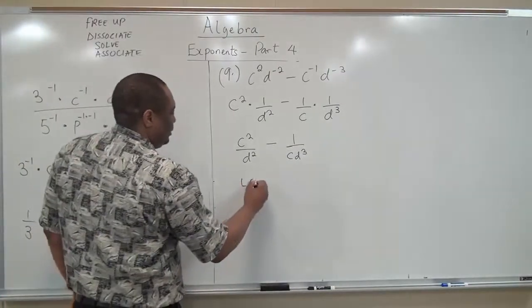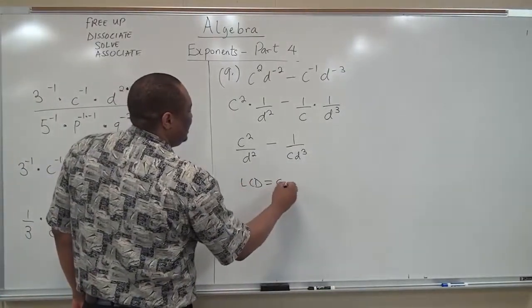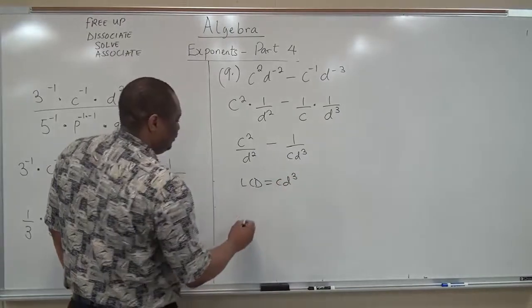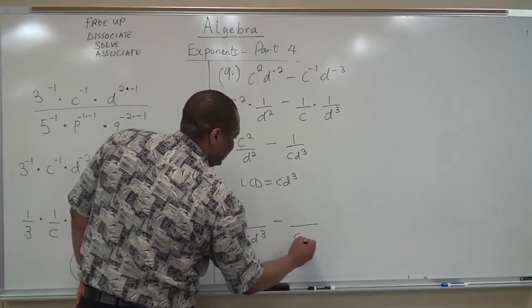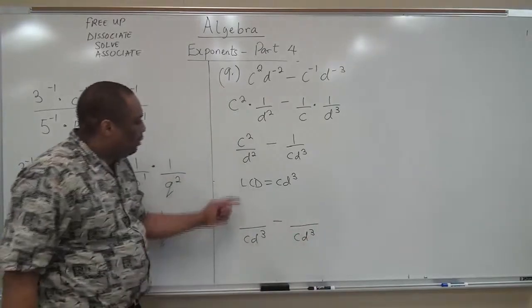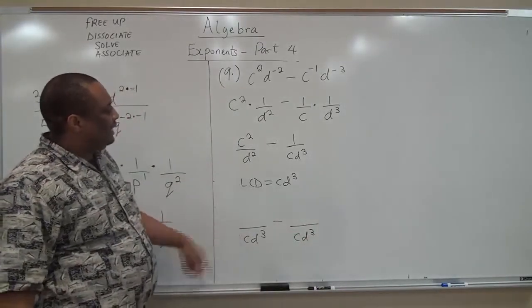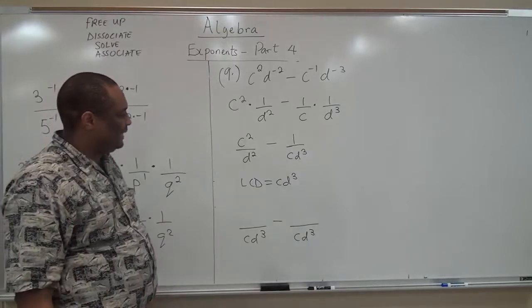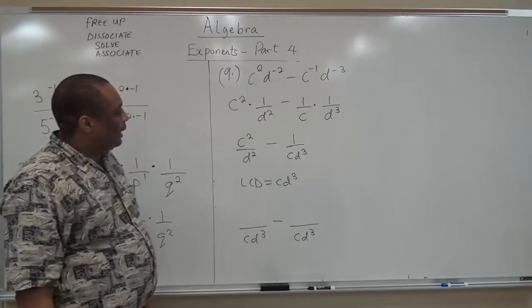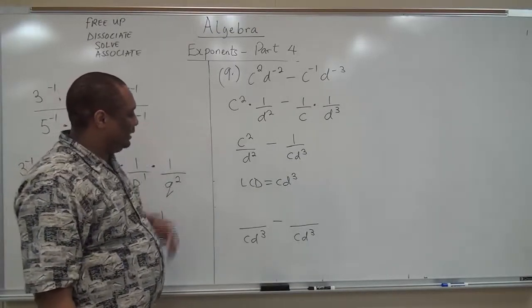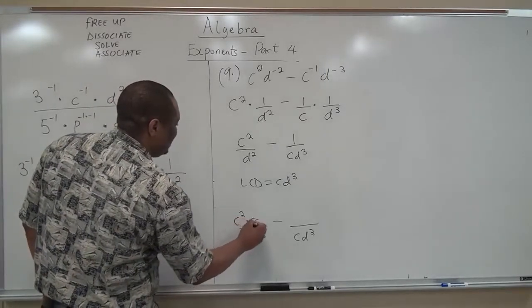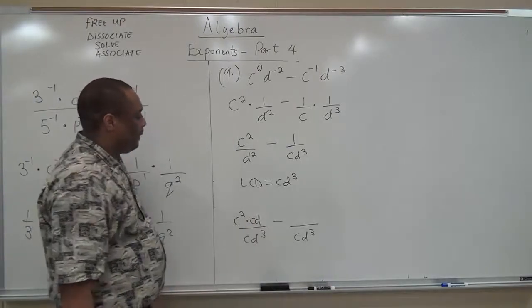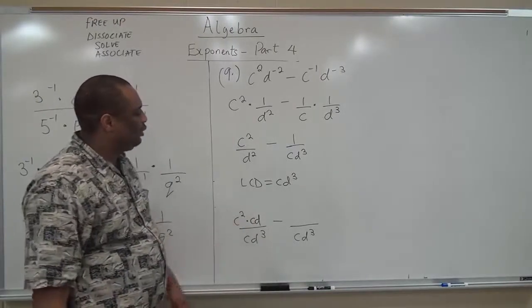What's the LCD? LCD will be cd cubed. So if we have over cd cubed minus over cd cubed, what will you do to d squared to give you cd cubed? You multiply by cd. So c squared times cd, which is c cubed d.